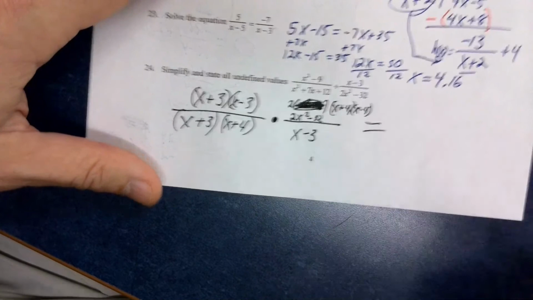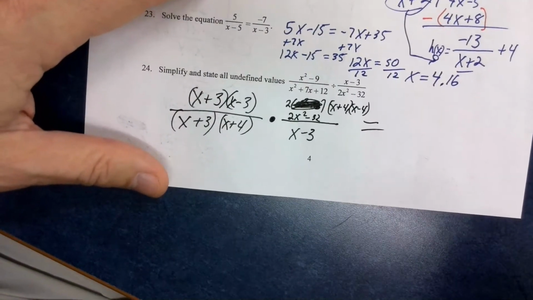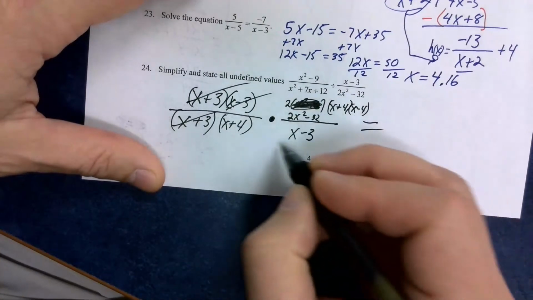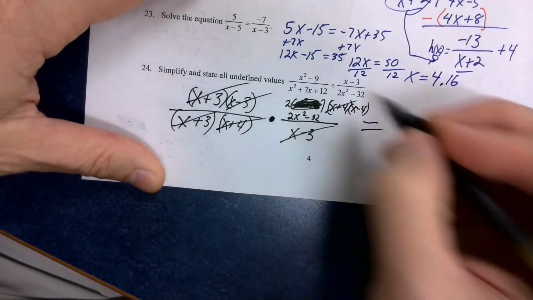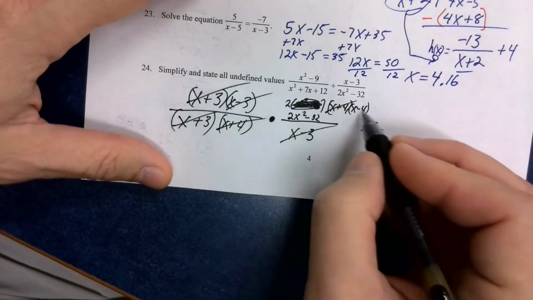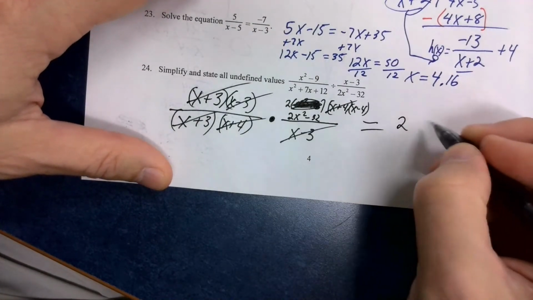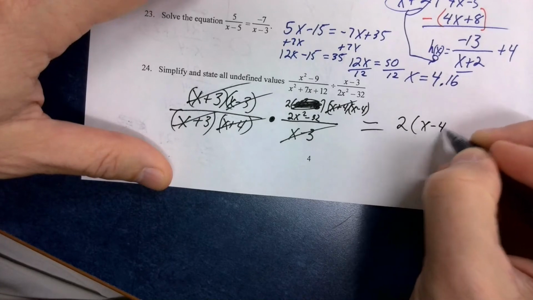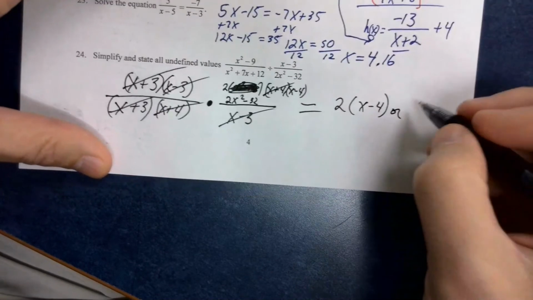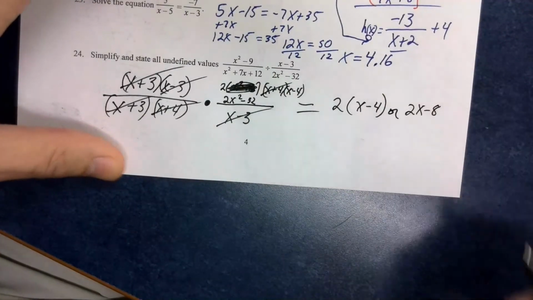Now I can start fighting upstairs, downstairs battles. And you can see I got an x plus 3 and an x plus 3, an x minus 3 and an x minus 3, an x plus 4 and an x plus 4. So it looks like I have a 2 times an x minus 4. Or I could write that as 2x minus 8 if I wanted to.